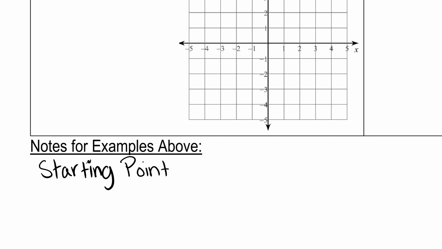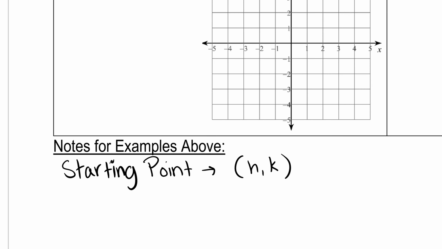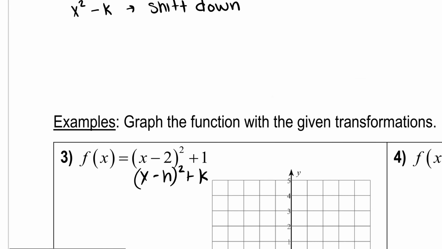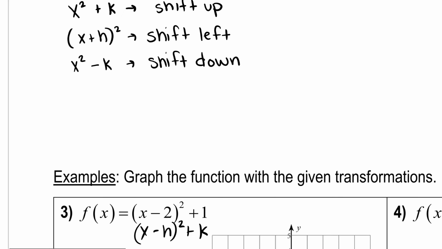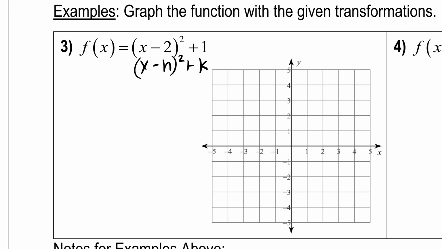So our starting point is going to be h comma k. But you got to follow the same rules as the translations above, right? So we have minus h, which is right, plus k is up. So on here we have right and up, okay?